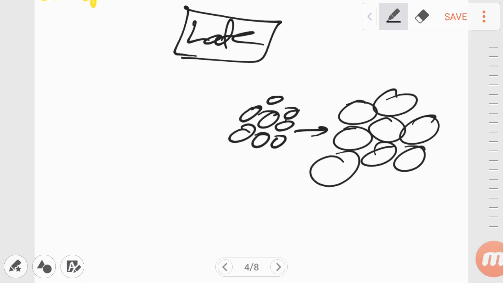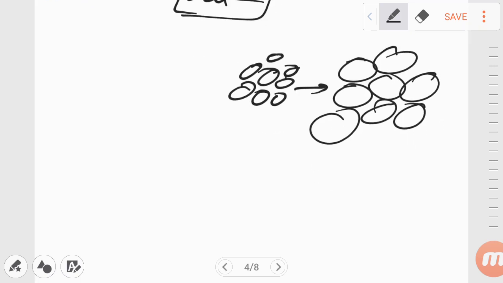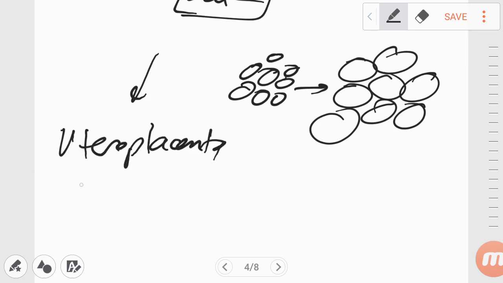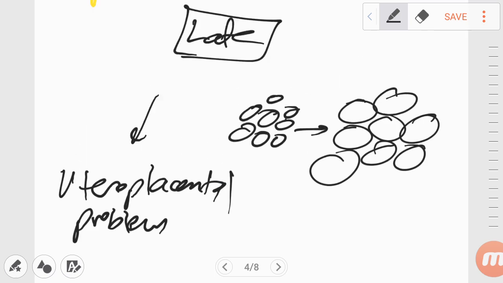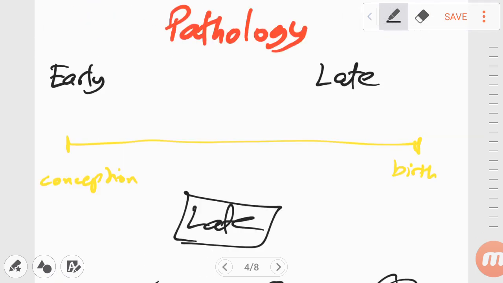So any problem at this point of time will result in decreased cell size alone, which is still more responsive to treatment and is not as bad as an early pregnancy insult. And you must remember also that at this point of time, the common causes which cause IUGR are utero-placental problems. So among the problems that I mentioned before, the utero-placental pathologies are more common in the late pregnancy.